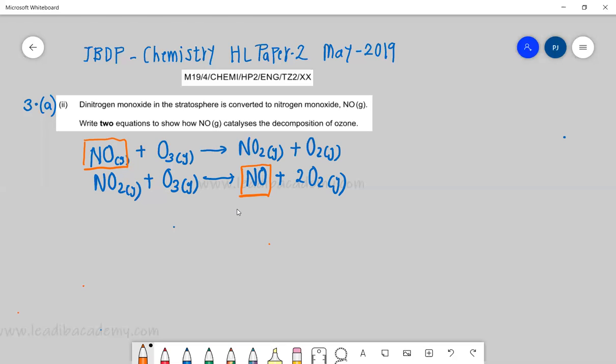So that's the problem. So we will say in the above reactions, reaction number 1 and reaction number 2, the important point is that NO is getting regenerated.